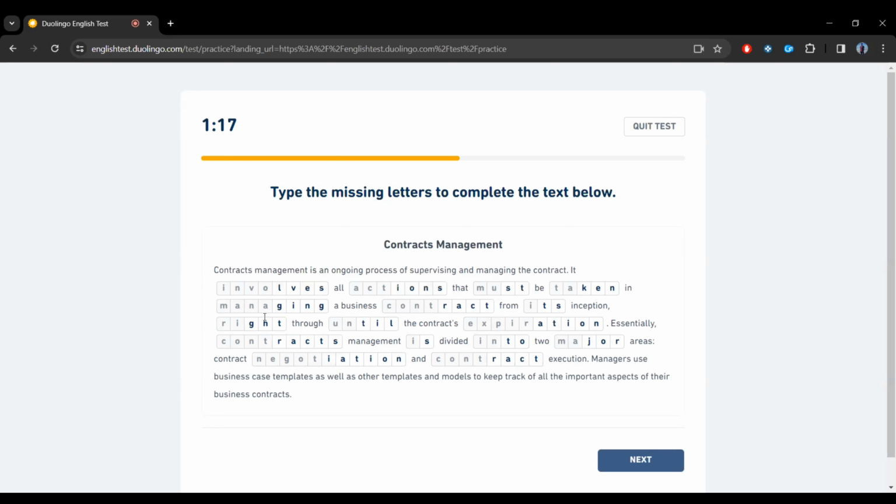All right, I think we are good. Involving actions that must be taken in managing a business contract from its inception right through until the contract's expiration. Essentially, contracts management is divided into two major areas: negotiation and execution. All right, let's move on.